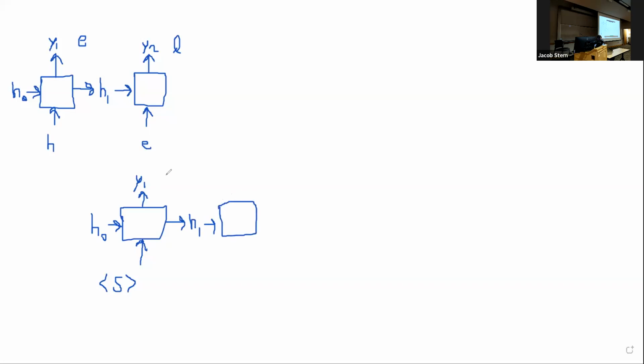How can we use Y1 to give us a new input? Pick the token with max probability. Great. Yeah, so that is totally an option. So one option is you choose the max.